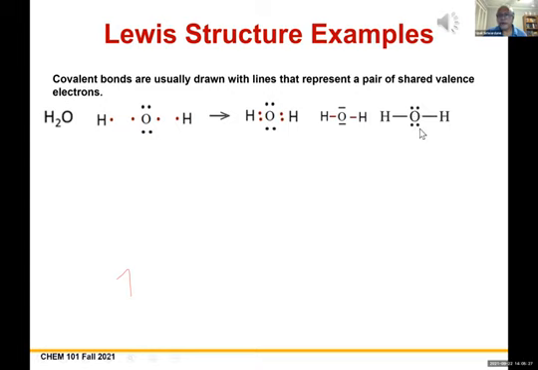Sometimes we use dot symbols, dots for bonds and lone pairs. Sometimes we write a line. These 2 OH bonds are called covalent bonds, shared electrons, bonding electron pairs.